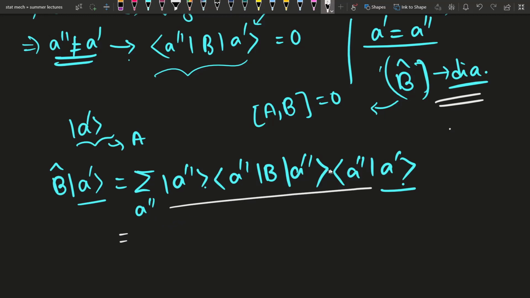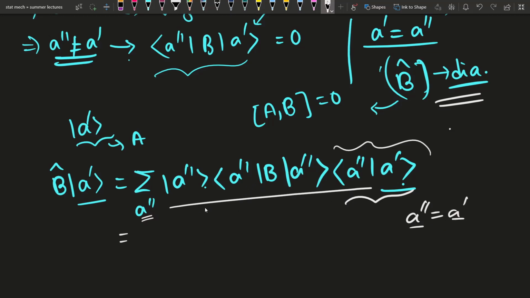That means that by the orthogonality relation, this will hold only for the value of A double prime equal to A prime. Otherwise, this whole thing will be equal to 0 because of this orthogonality, right? So this summation will be expanded for several values of A double prime, and only for the value when A double prime is equal to A prime, we can get some result.